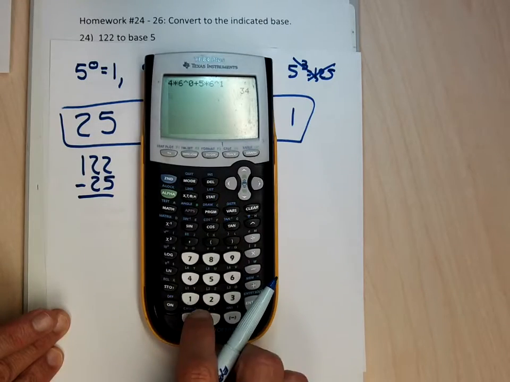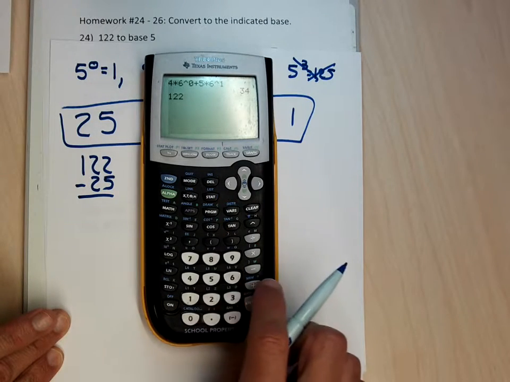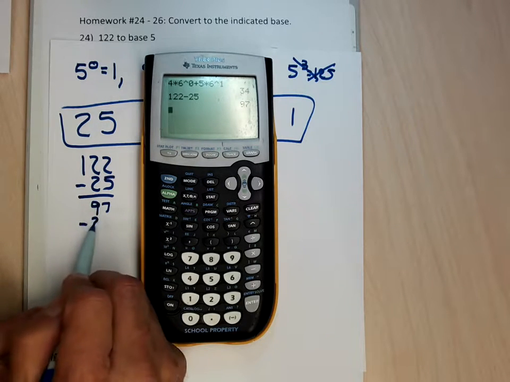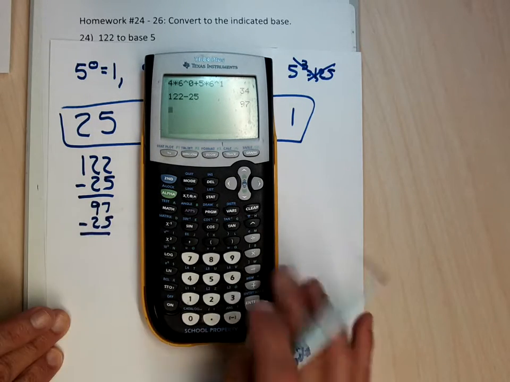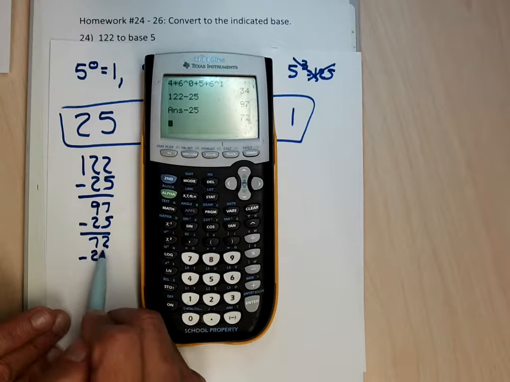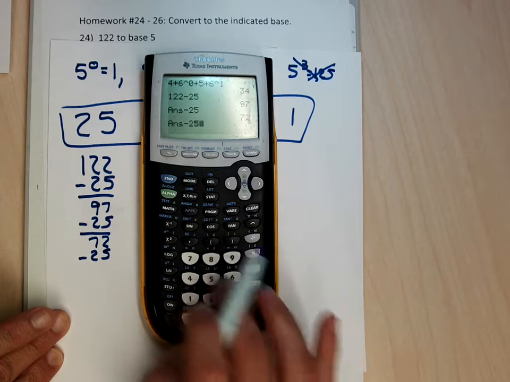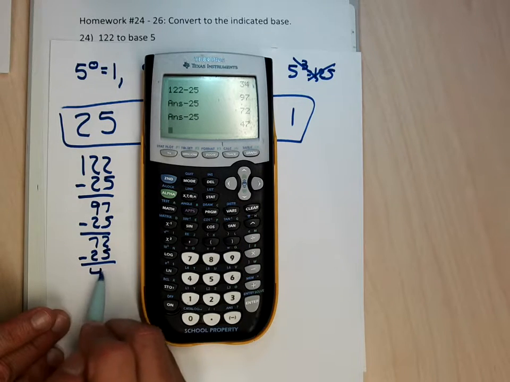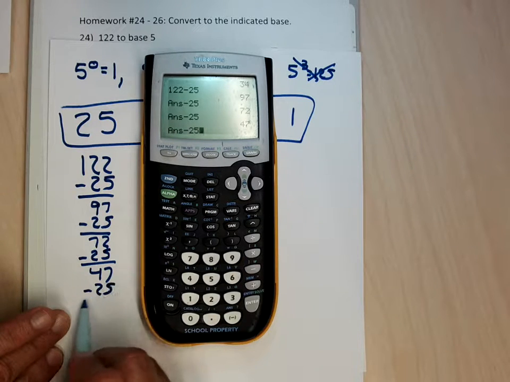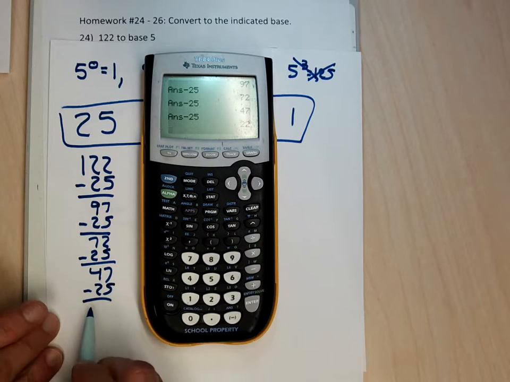So I'm going to do 122 minus 25, which gives me 97. I'm going to subtract 25 again. It's going to give me 72. Still bigger than 25, so I can still subtract. Subtract 25 again, and I get 47. Still bigger than 25, so I can subtract 25 another time, and I get 22.